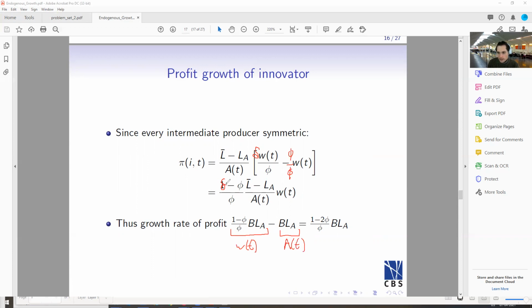We're just changing the constant out front, so actually we're not changing the growth rate of profits. All right, let's double check. I'm pretty sure that's right, but let me quickly double check.